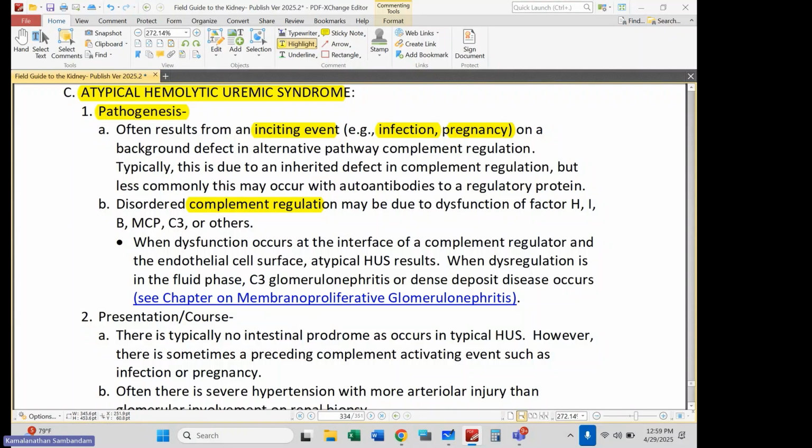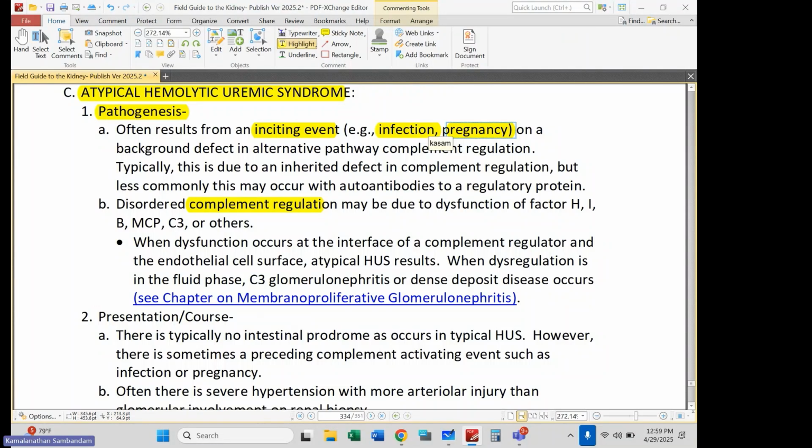So you have these inhibitors of unopposed activation. And so often you'll have an infection that tilts the balance of activation and inhibitors in favor of acceleration. Pregnancy is another instance in which complement regulation favors activation over inhibition. Okay, so these are often inciting events in a patient who has atypical HUS.